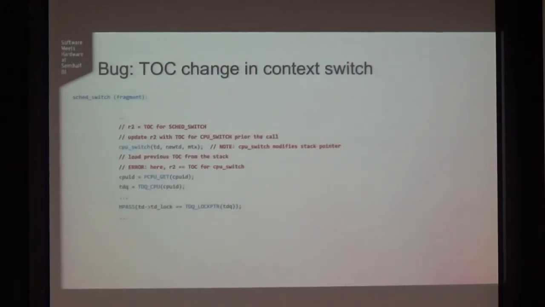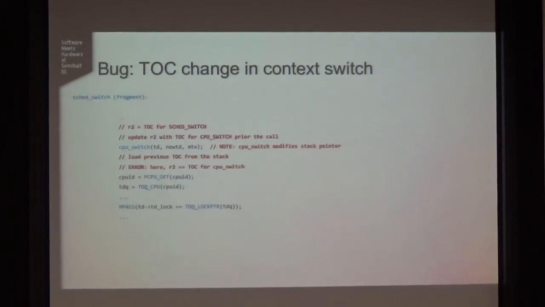So the question is why it worked for years. It worked for years because the PowerPC 64 linker is quite intelligent, and it tries to optimize the number of various TOC tables in the system. So for all those years, the bug was present but not visible, because scheduler switch and CPU switch were using exactly the same TOC table.